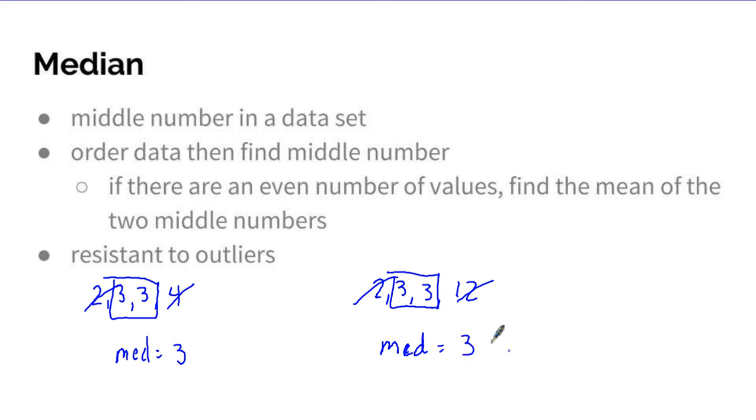Okay, so the median is resistant to outliers, meaning outliers don't change the median nearly as much as they change the mean. So sometimes it's better to look at the median than it is the mean because of those outliers.